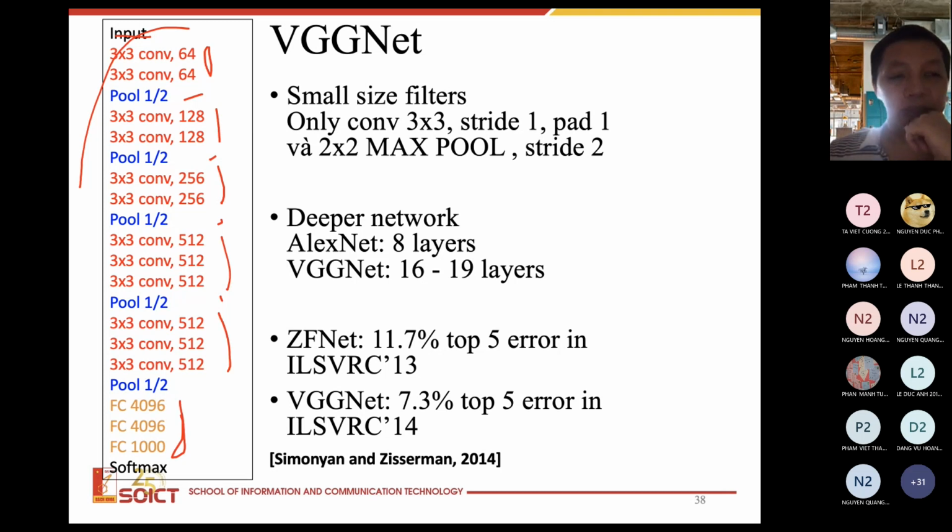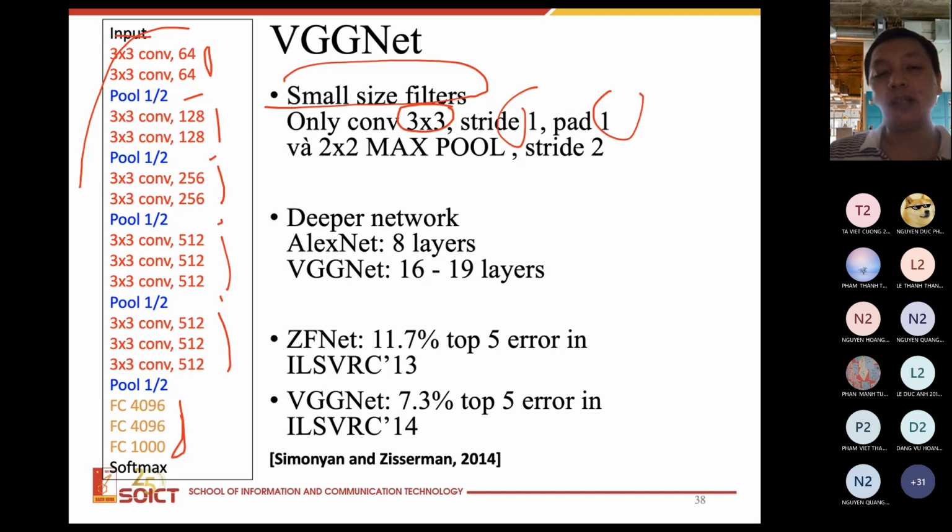So you see in the VGGNet, we have very small filter size, only 3 by 3 convolution. We don't use 5 by 5 or 11 by 11, as in AlexNet. Now we use a very small filter, right? Stride 1 and padding 1, and we have 2 by 2 max pooling with stride 2. We have a deeper network from 8 to 16, 19 layers, right?